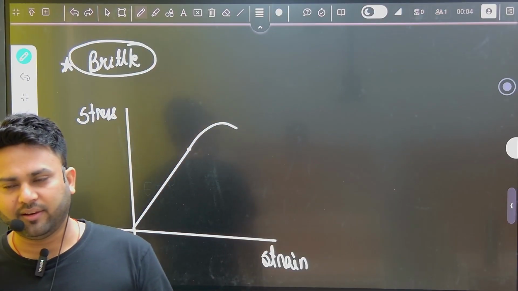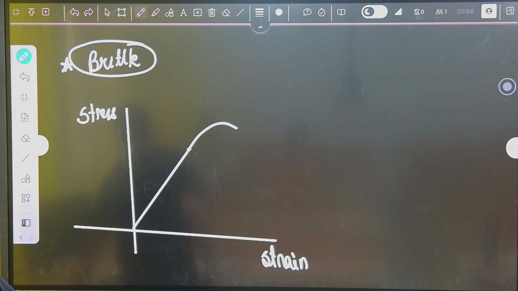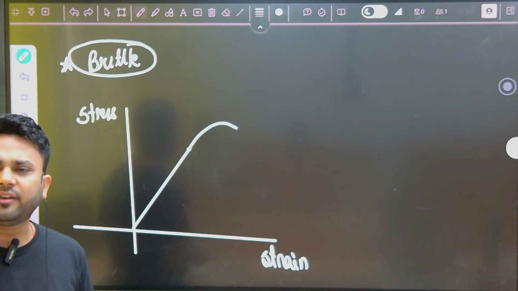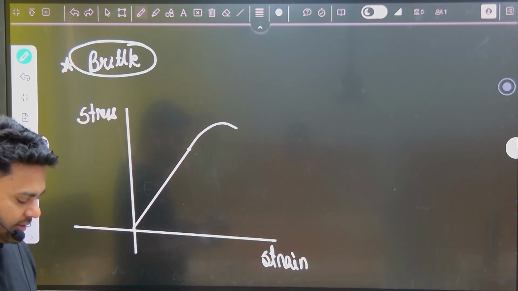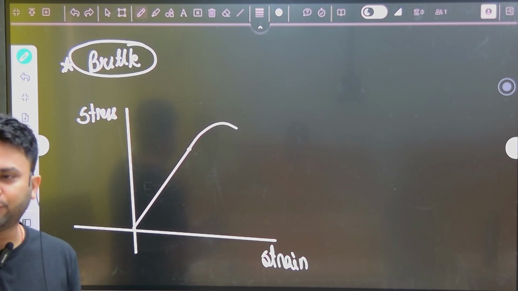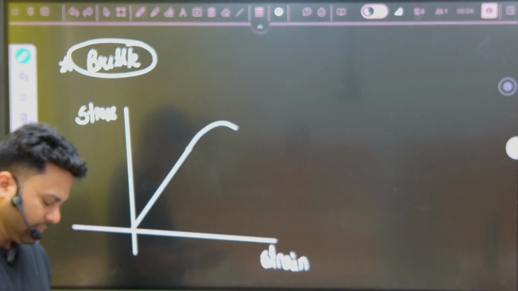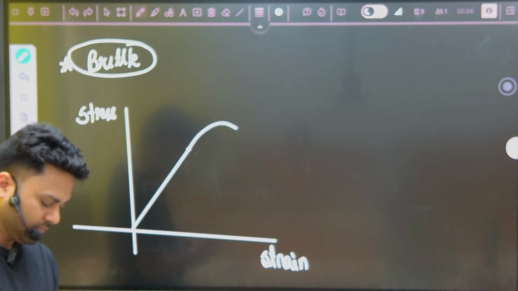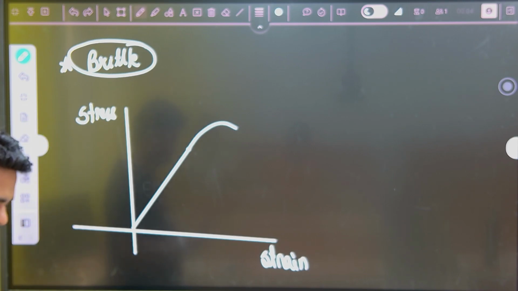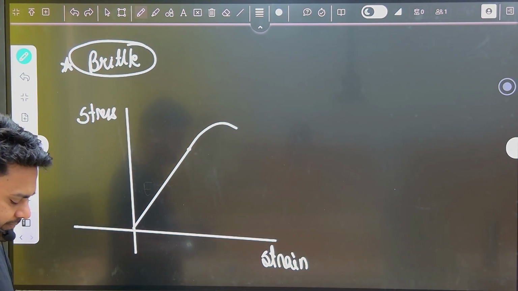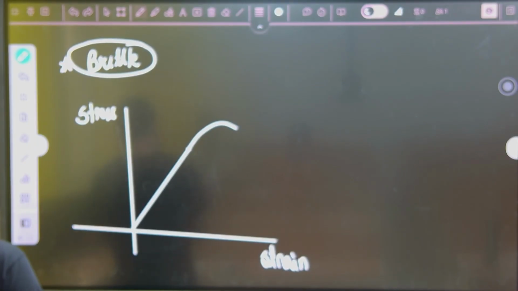The graph will be like this. Means there will be no failure point, no ultimate, no yield zone and all. Directly it will break. Okay, no problem.